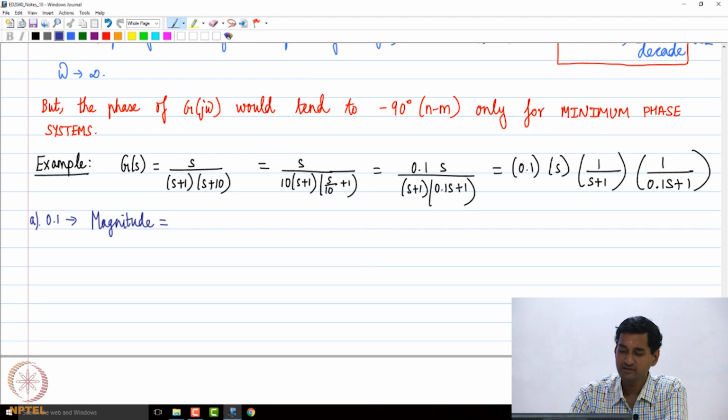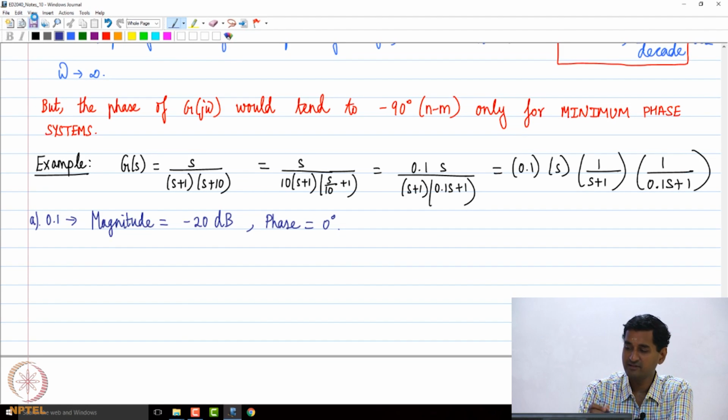Minus 1. So the magnitude is minus 20 decibels, and that's going to be constant. What about its phase? 0, since it's on the positive real axis.